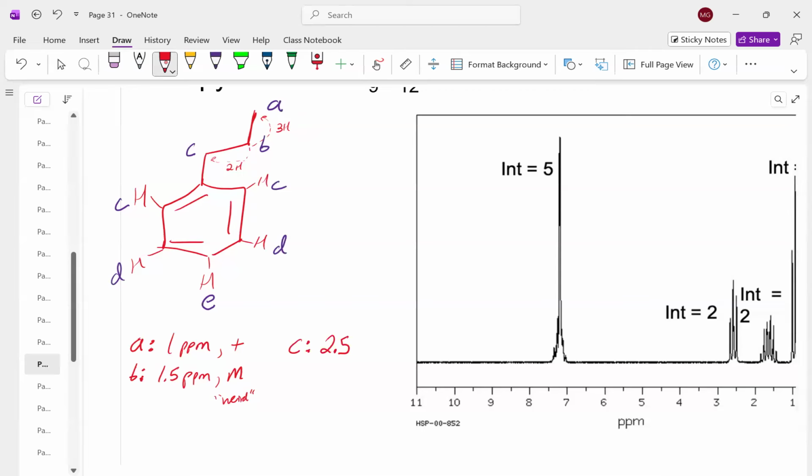And how many hydrogens is C next to? Well, it's got just two on one side and nothing on the other side. So C should show up as a triplet. I kind of marked these incorrect. Let me fix these. These should be B, D, E, and F. Sorry about that.